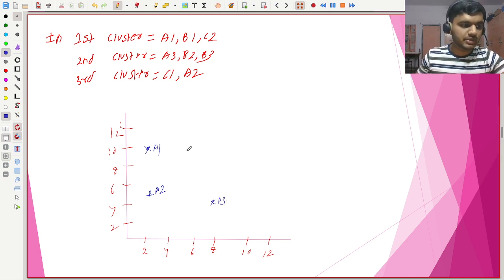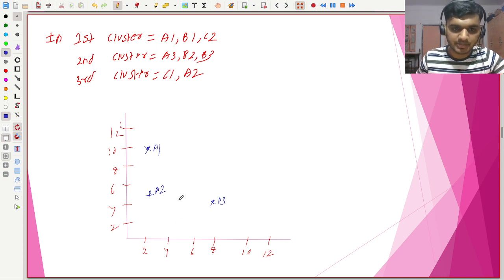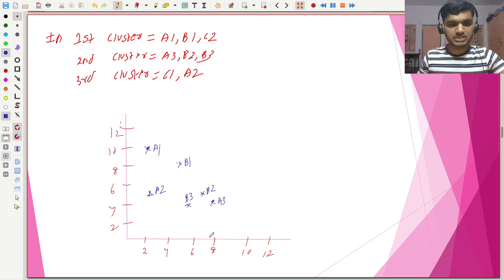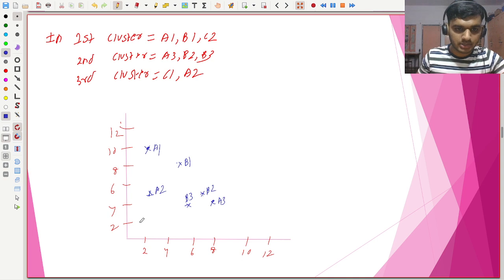Similarly, B1, B2, B3, if you do, B1 is 5, 8, and B2 is 7, 5, B3 is 6, 4, and C1 is 1, 2 and C2 is 4, 9.